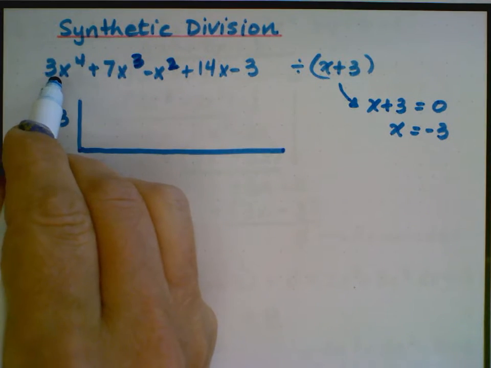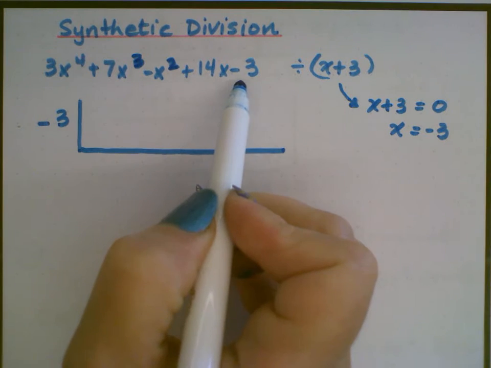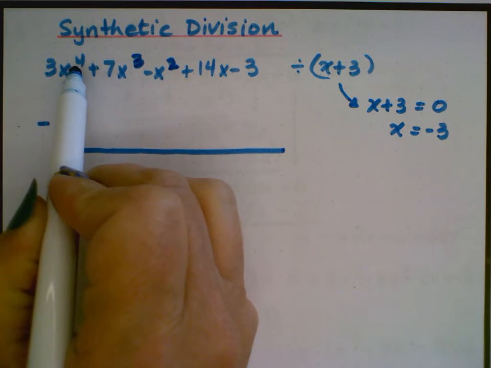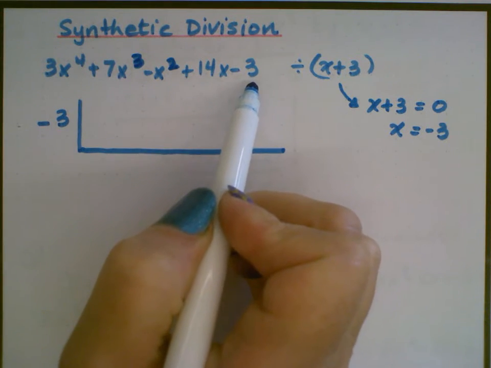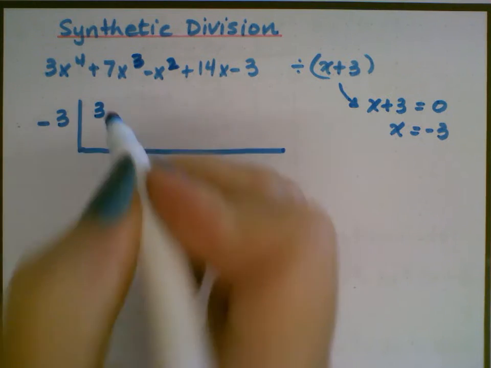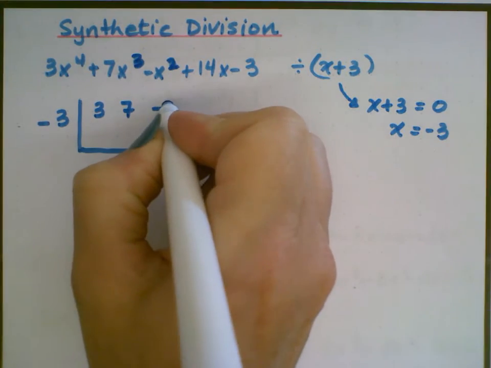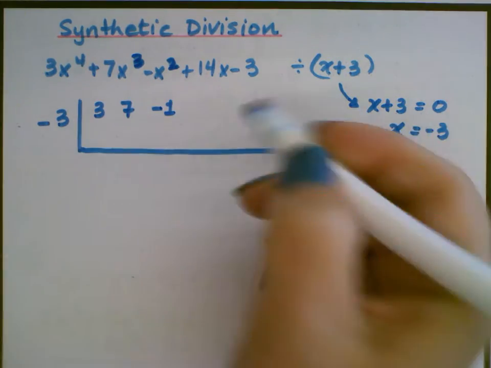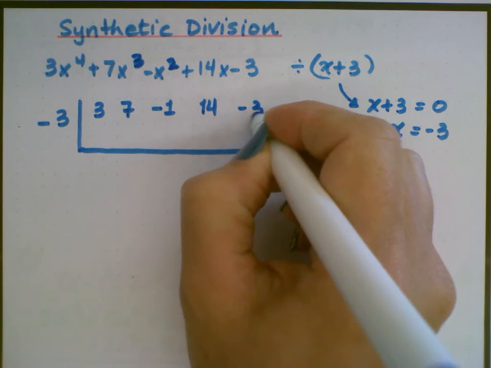I'm taking a pause to make sure they're in descending order, and they are. They go from power 4, 3, 2, 1, so that's a linear term, and then the constant, so I can proceed. So I'm going to write my coefficients along the top here. I've got 3, 7, negative 1, negative x squared is negative 1x squared, 14, and negative 3.